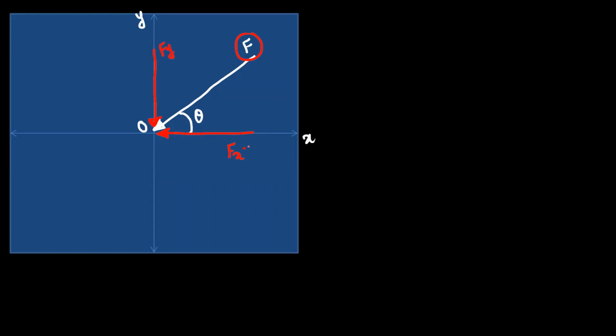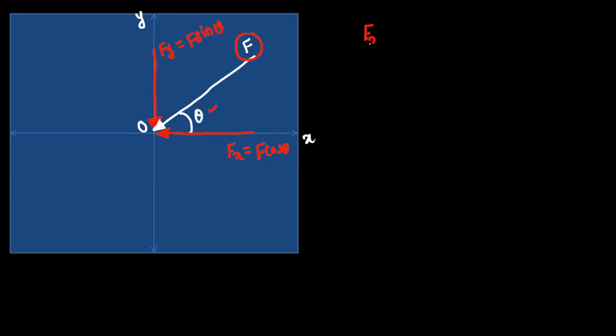Okay, now write the magnitude. So for the magnitude, just observe the angle. Okay, so fx is adjacent to angle theta, so it will be f cos theta, and fy is away from theta or opposite to theta, so it is f sin theta.